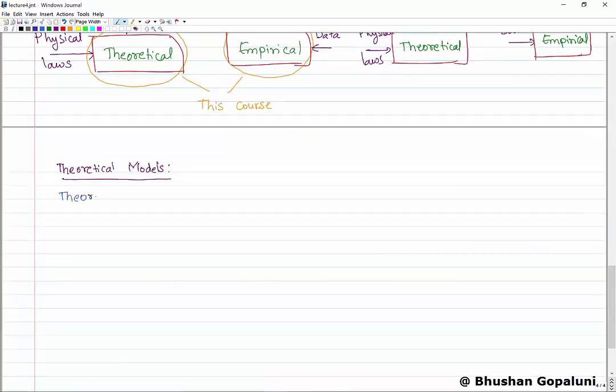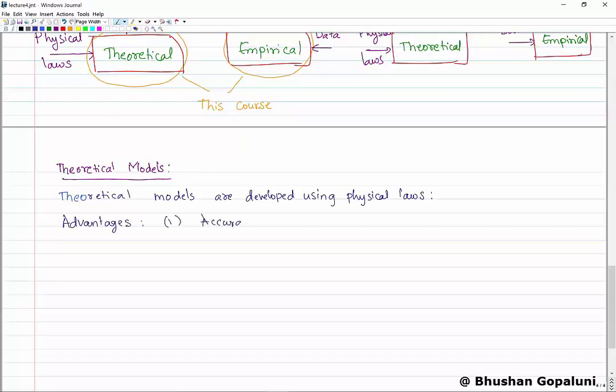Because theoretical models are developed using physical laws, they often tend to be very accurate. In addition to that, theoretical models provide very good physical insight into a process. If you understand the physics or the chemistry behind a process, it's very easy to develop an intuition into how these processes behave.